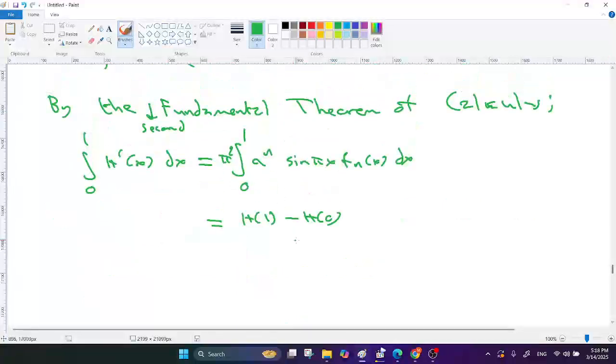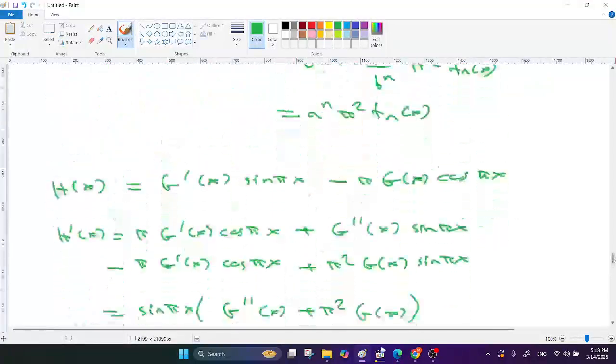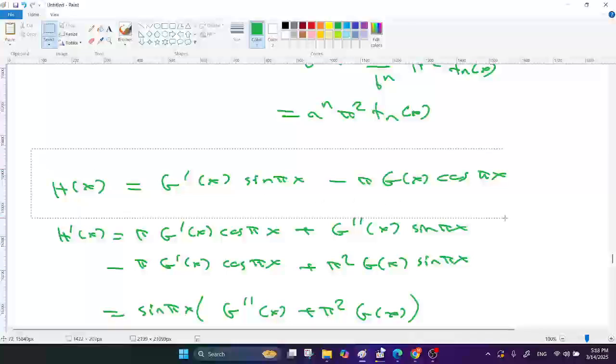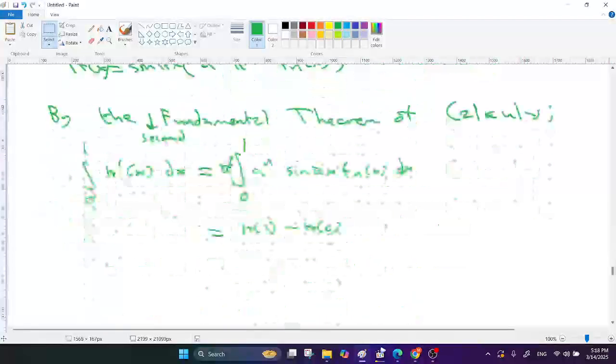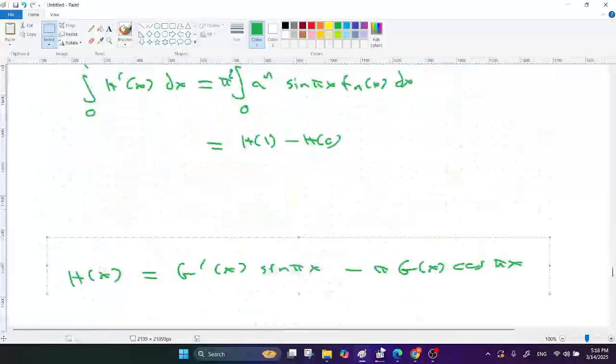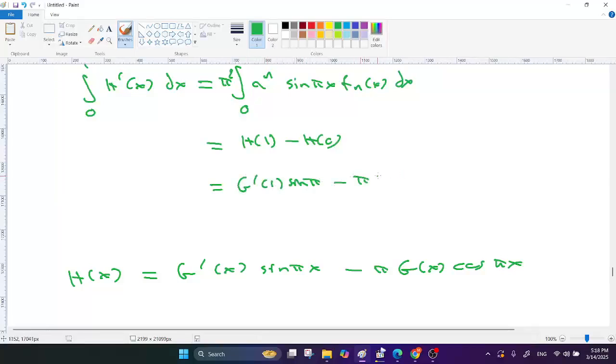Now, what is h(x)? Here is h(x). So we substitute 1: g'(1) sin(π), minus π g(1) cos(π). Okay, now minus h(0): substitute 0, minus g'(0) sin(0), minus minus plus π g(0) cos(0).